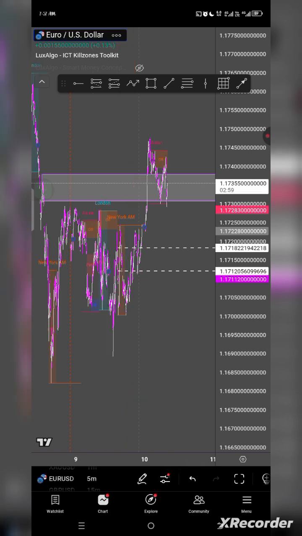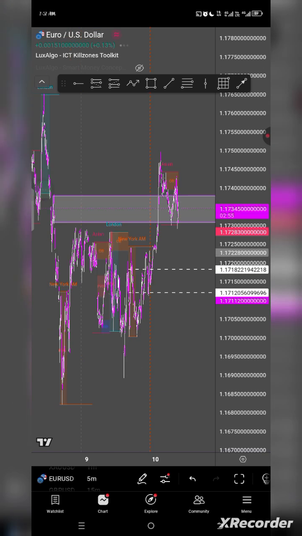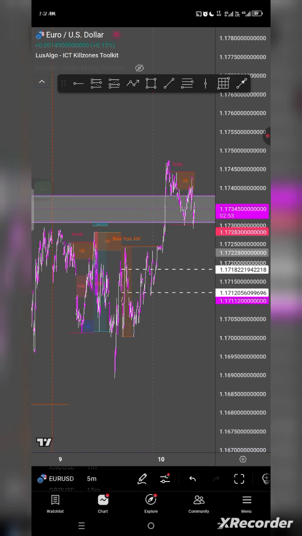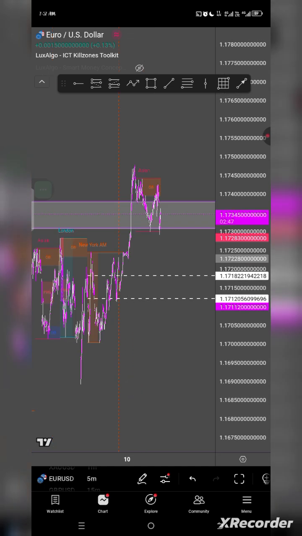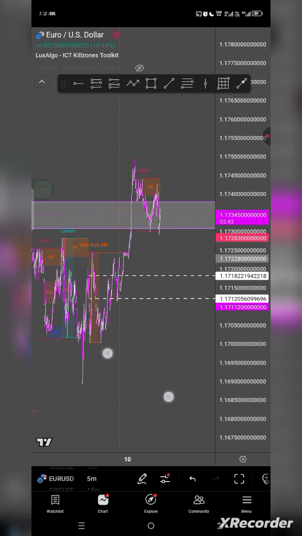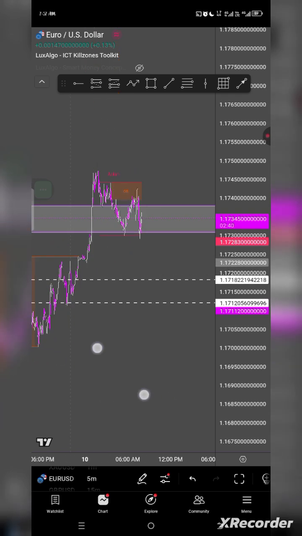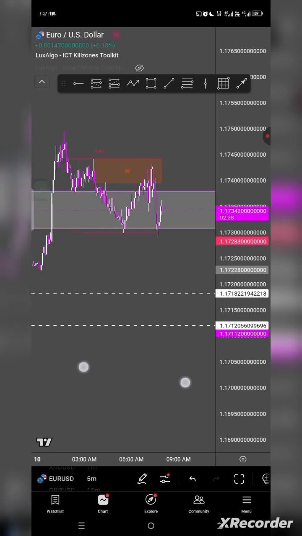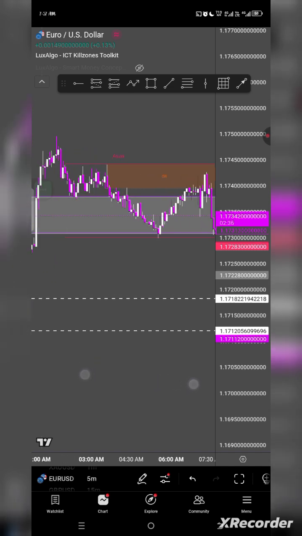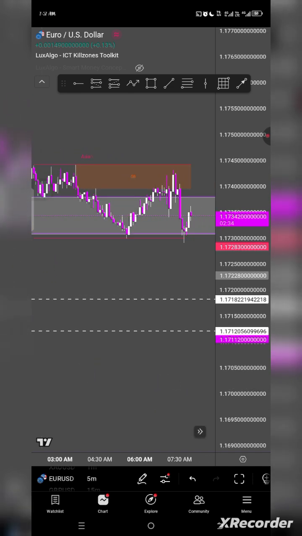So this our supply zone has been respected. So it's looking like supply on demand. There are cases that our supply zone gets disrespected and we later eventually turn that supply zone into a demand zone. So price might actually come back to respect that zone and move to the upside.